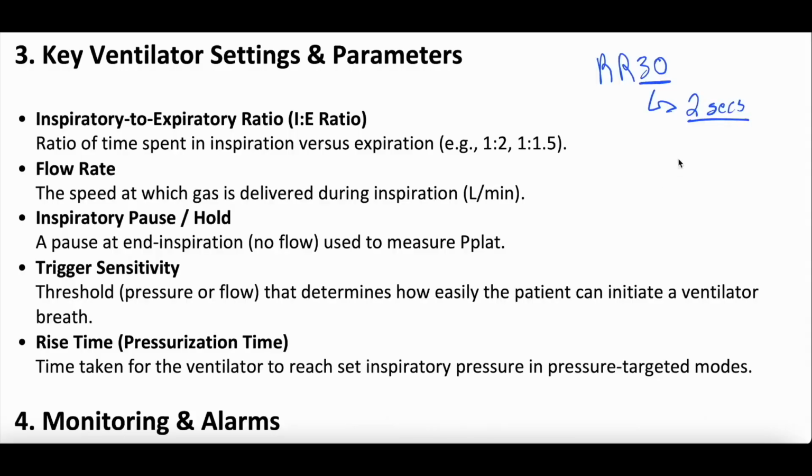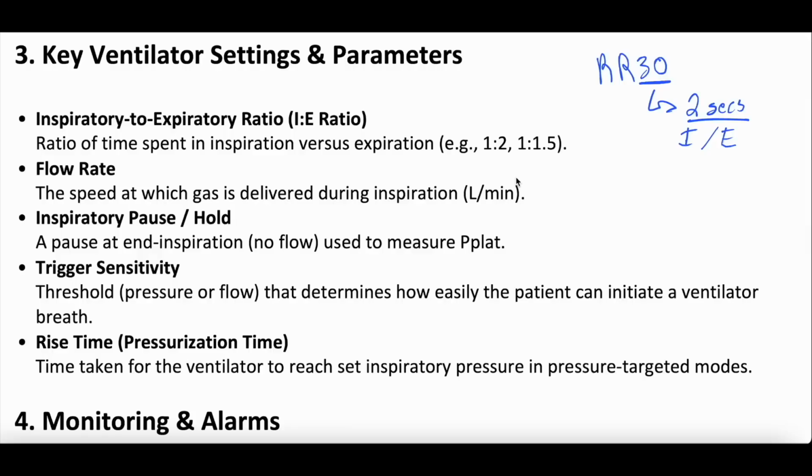So the I to E ratio is, okay, if I can only give a breath in 2 seconds, how much time is going to be inspiration versus expiration for that 2 seconds? And a normal I to E ratio, if you just think about yourself breathing, we spend a little more time expiring than we do inspiring, because inspiration is active.